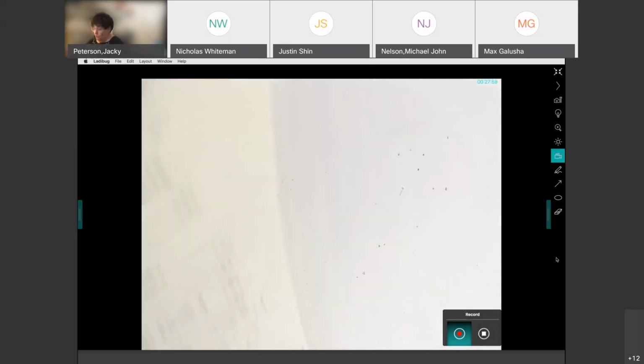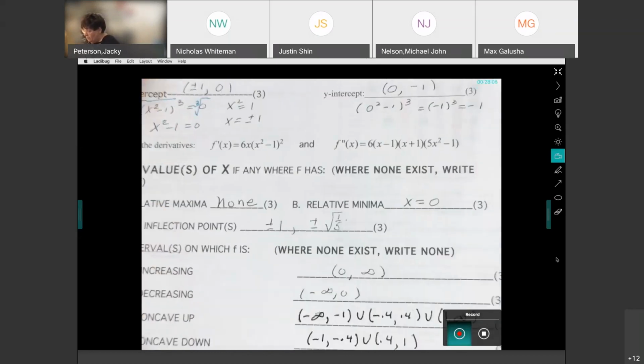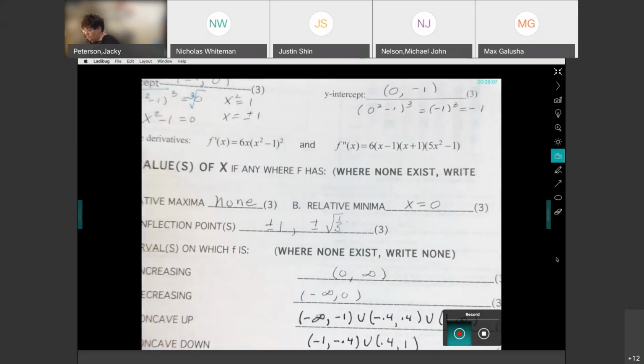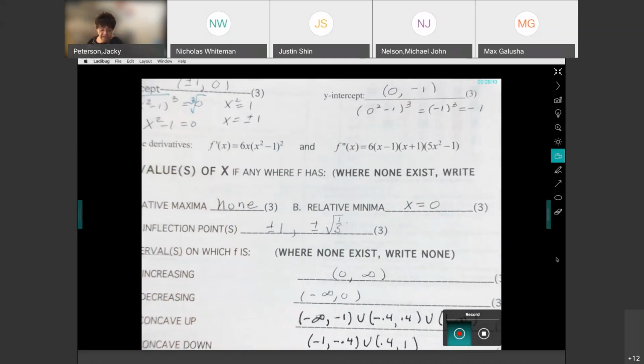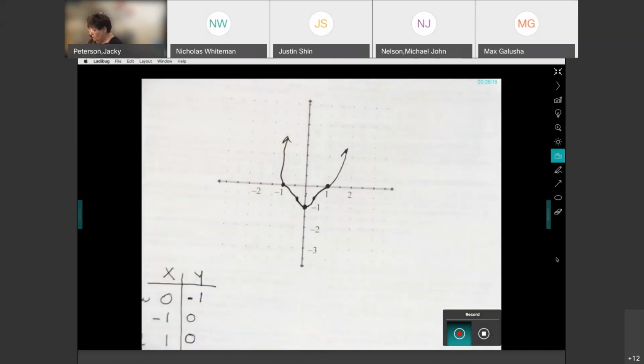Question number 4, I'm not asking you to graph anything, but you need to be able to give me increasing or decreasing, concave up, concave down. So it would be for everything but the graph.